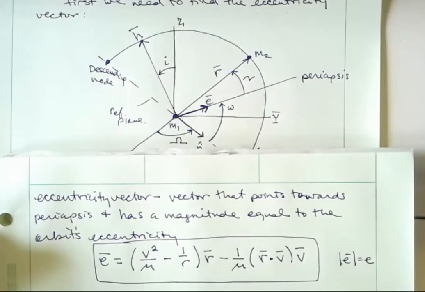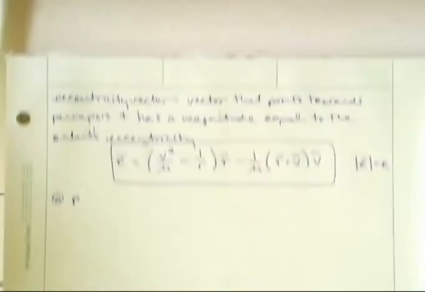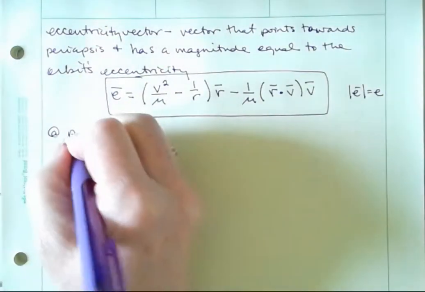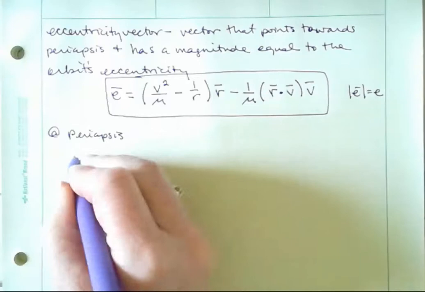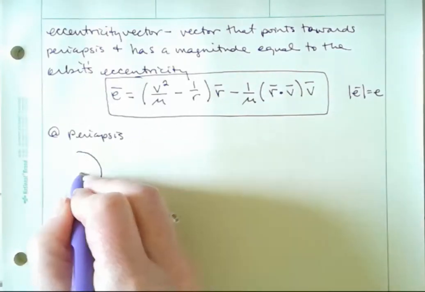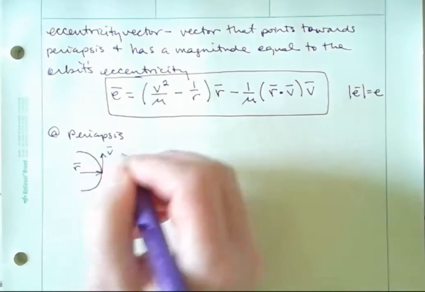All right, so now we've got that. Now at periapsis, if this is the edge of the orbit, we've got an R here and a V here.